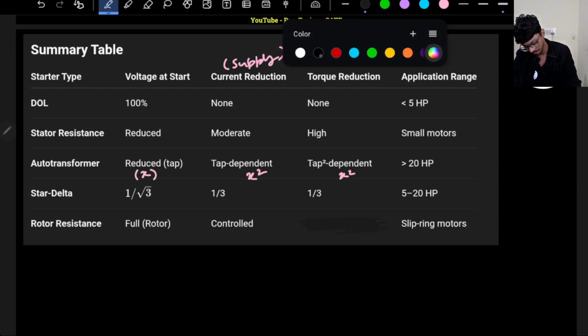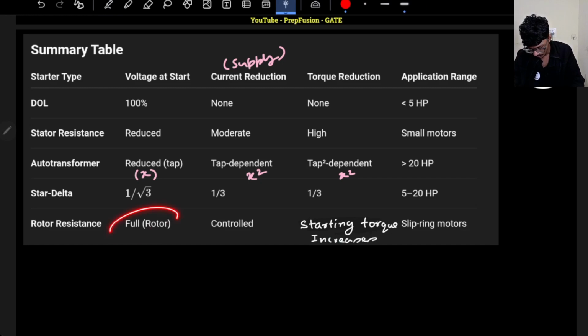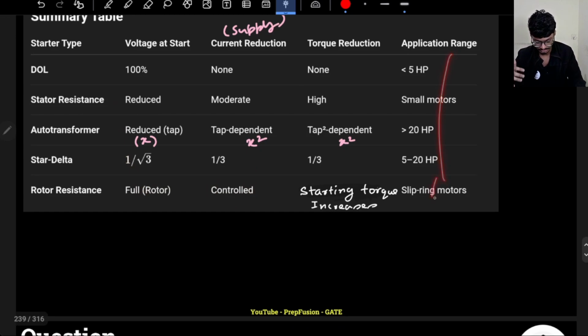So I will write here. Okay, starting torque increases. Voltage at start we will get full as the rotor voltage, then we will control it. Current reduction will be controlled depending on the external resistance. So these are the different methods, and these are the application ranges where we will be using them.